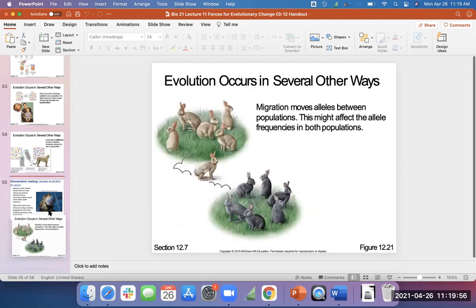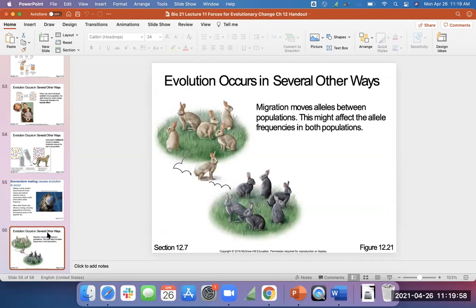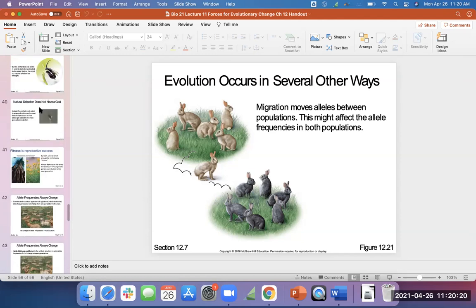That's going to be favored by natural selection. Then migration. That's when some individuals move in or move out. Actually, both are going to affect the population. Migration moves alleles between populations. It affects this population because this individual is leaving, and this population because it's coming in. So that's migration.